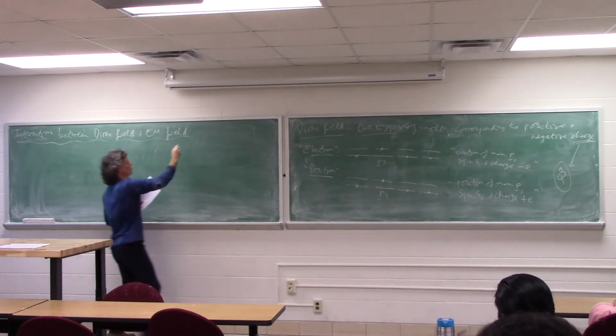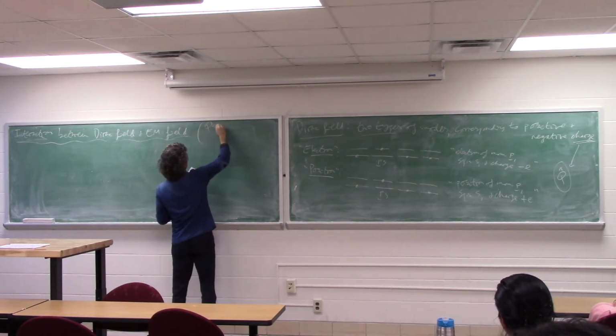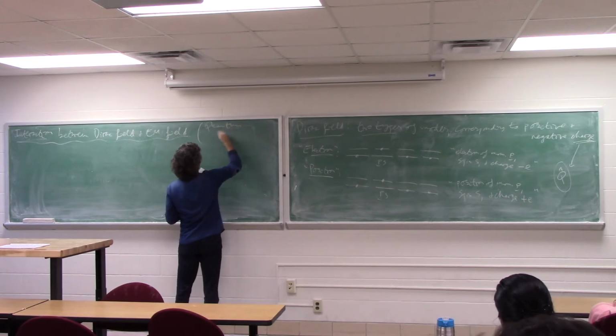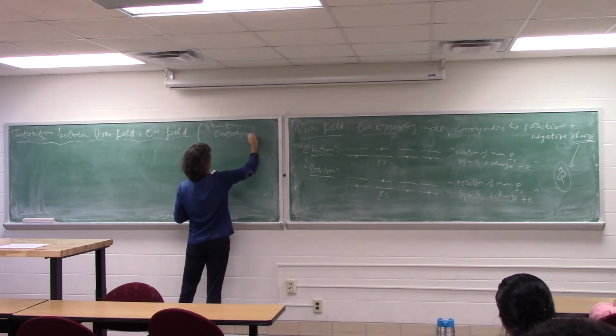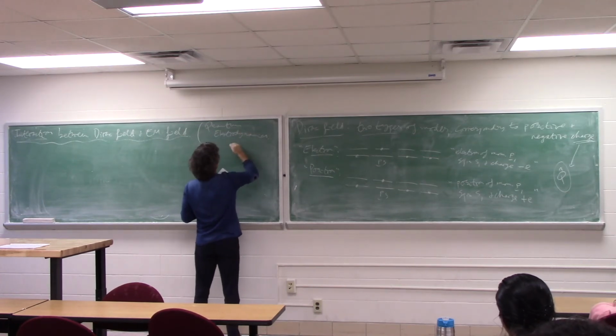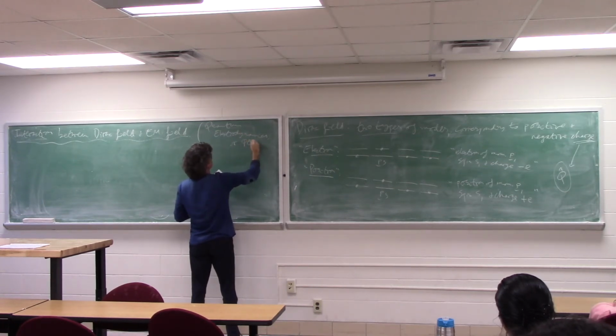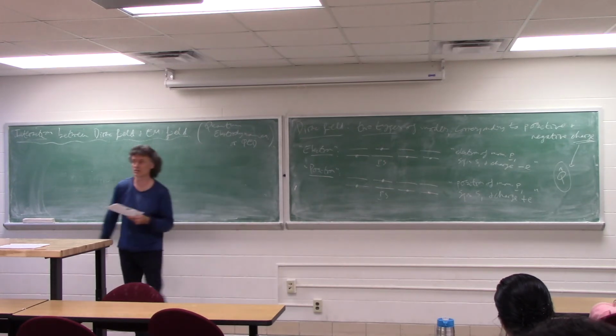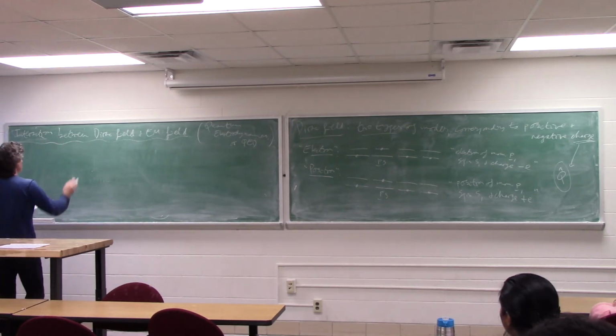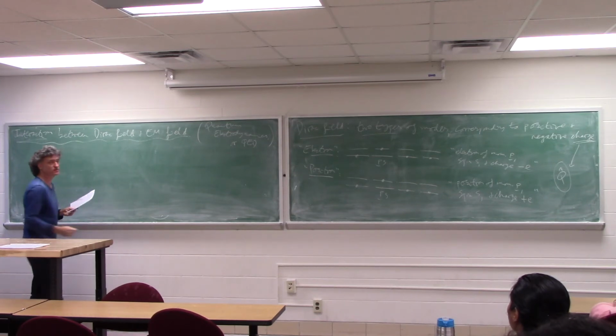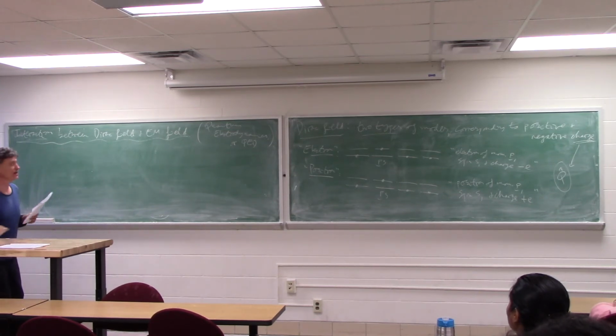The theory that describes this is called quantum electrodynamics, or QED, which is going to be the culmination of this course. We're going to describe the interaction between these two different kinds of fields. Let me show you the kind of thing that can happen.